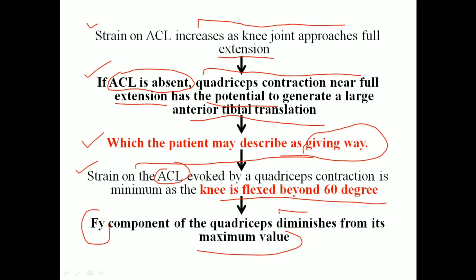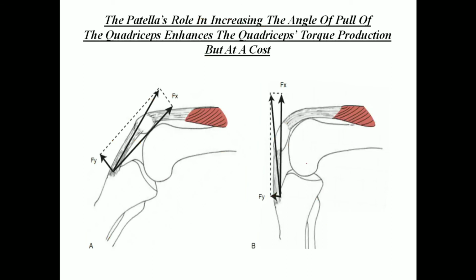Again I will show you via the diagram. Here the knee joint is in flexion, going beyond 60 degrees. If you see the rotatory component Fy, it is very small compared to the rotatory component Fy when the knee joint is going into extension. So at that time the stress on the ACL will be less, and the anterior tibial translation will also be less.